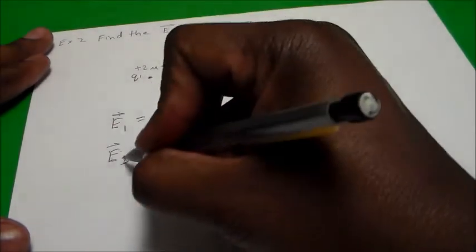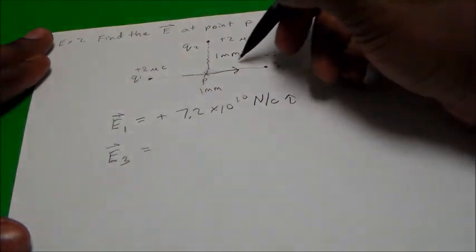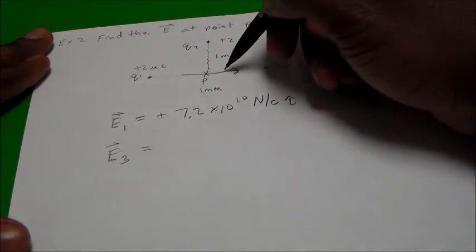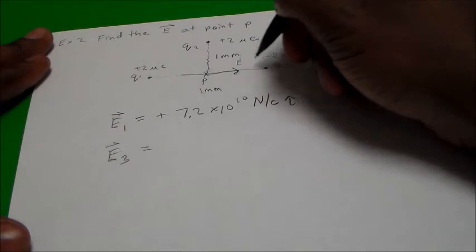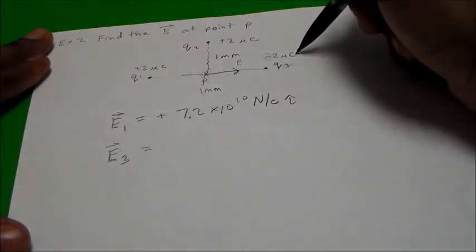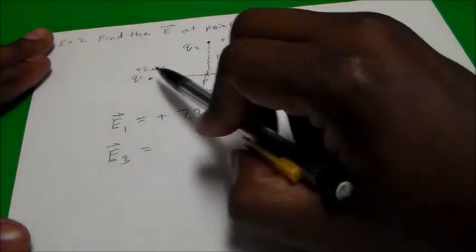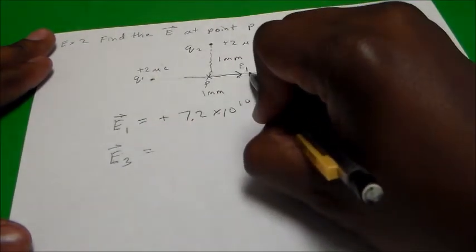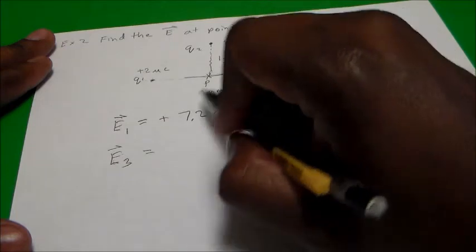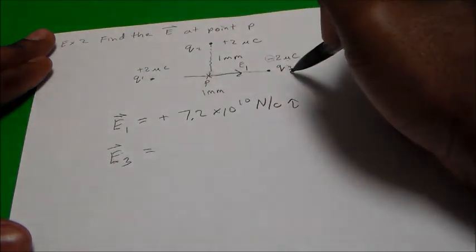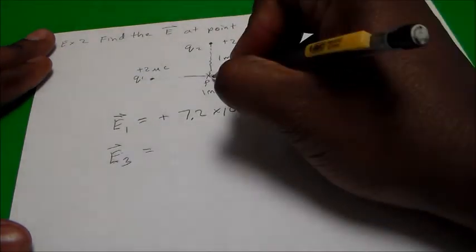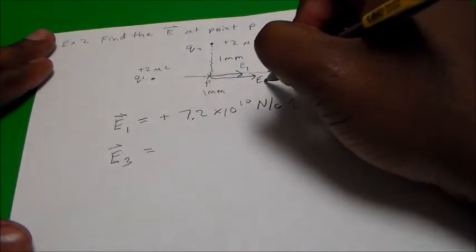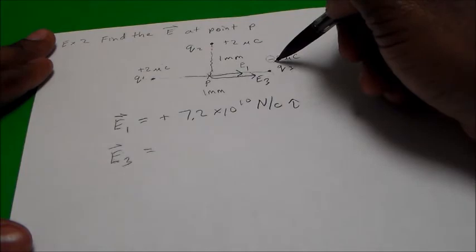So E3 will be pointing in the positive direction because for any negative charge, its field is going to be pointing towards it. E1 was pointing away from it, so that's E1's field line. E3's field line, since it is negative, is also going to be pointing in this direction, and the reason is because this is negative.